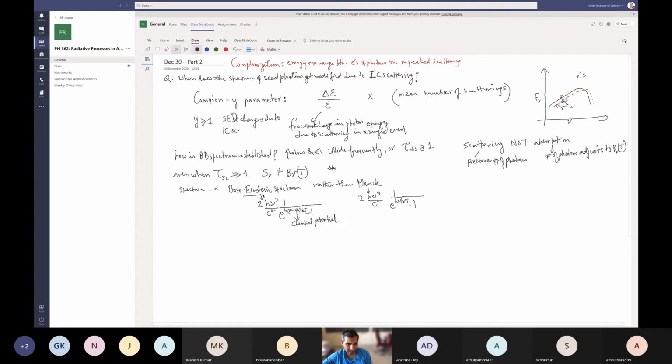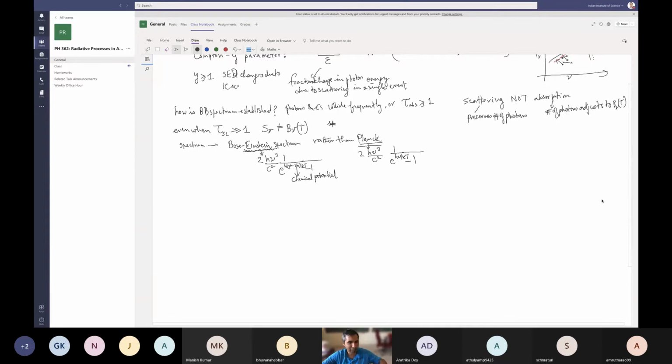It is still like bosons, but it is not the Planck spectrum. So when tau nu scattering is much greater than 1, rather than S nu relaxing to B nu T, it relaxes to a Bose-Einstein spectrum with a finite chemical potential. I'm not going to talk about this in detail, but you can look it up in this book by Longair. He talks about Comptonization a little bit.